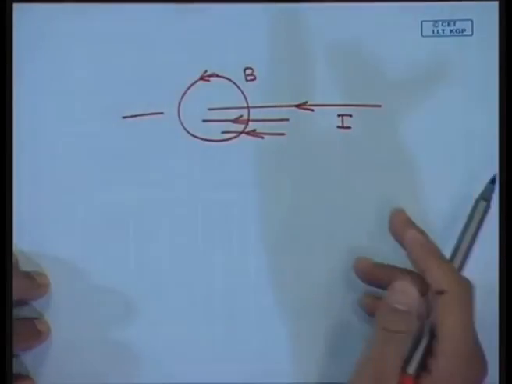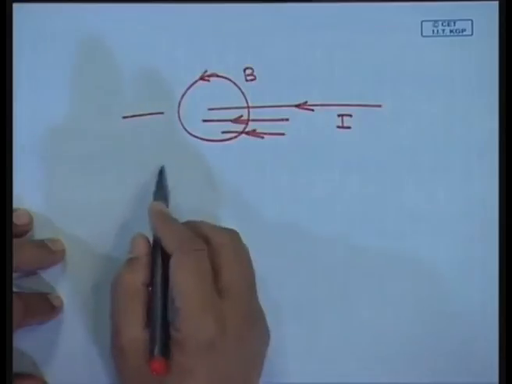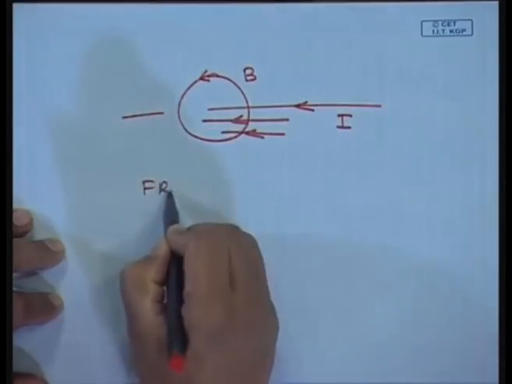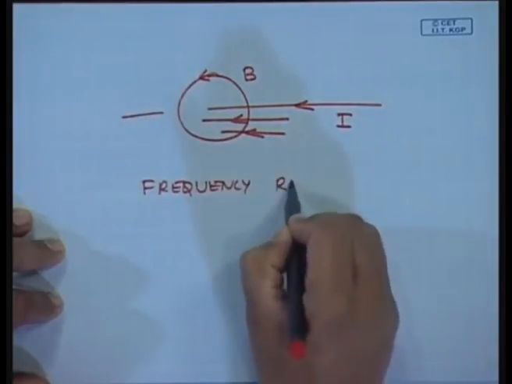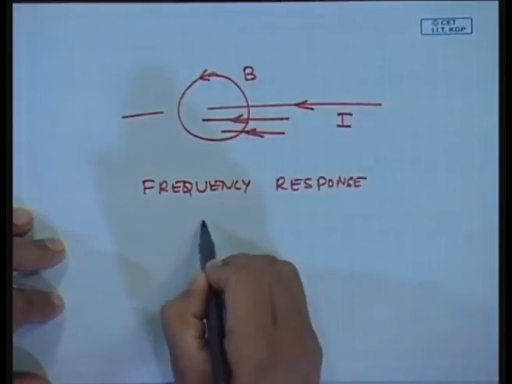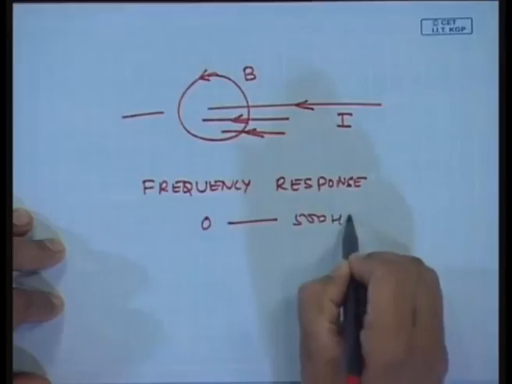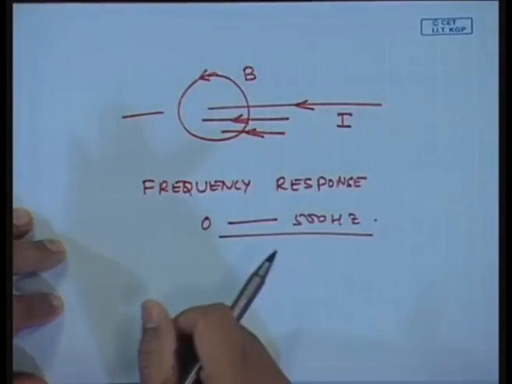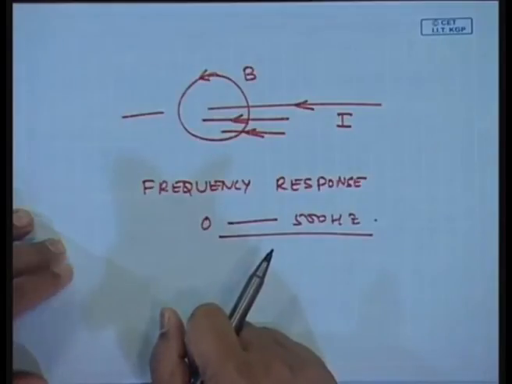So, the output will increase and I can always zero set it. The advantage of this is it has a good frequency response, almost from 0 to 500 hertz you can measure with such current carrying Hall effect sensor, which is not possible with an ammeter.